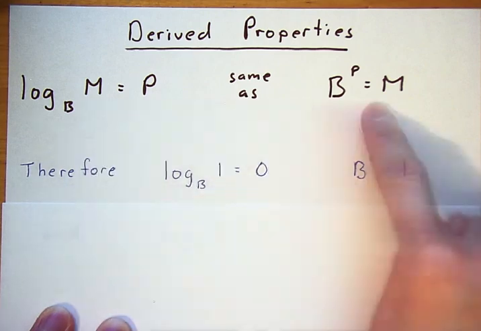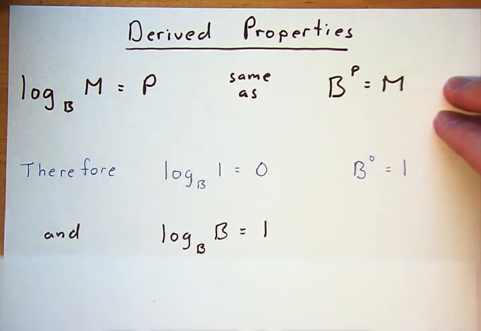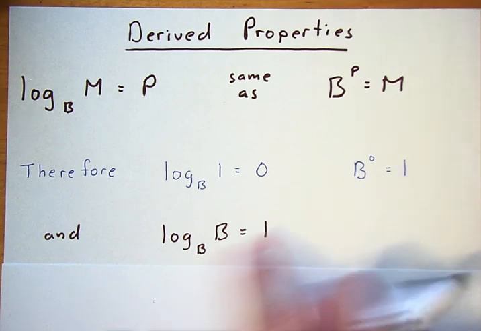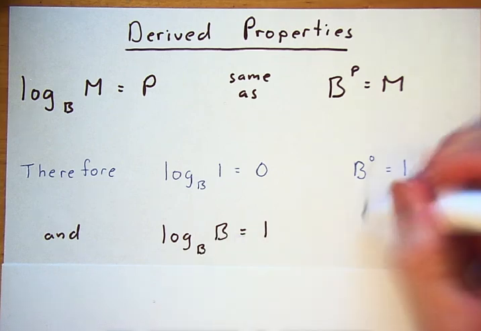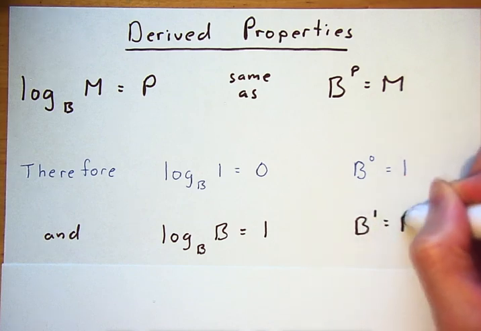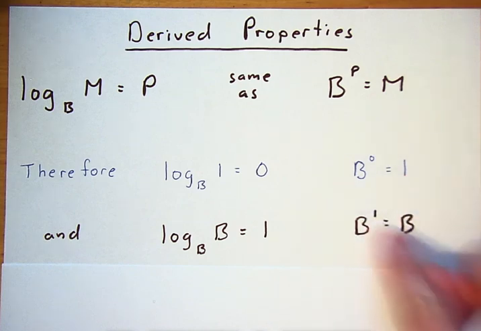Using this, I can also come up with this other property, log base b of b equals 1. That's because if I write this as an exponent, this is b to the 1 equals b. And yes, anything to exponent 1 just equals itself.